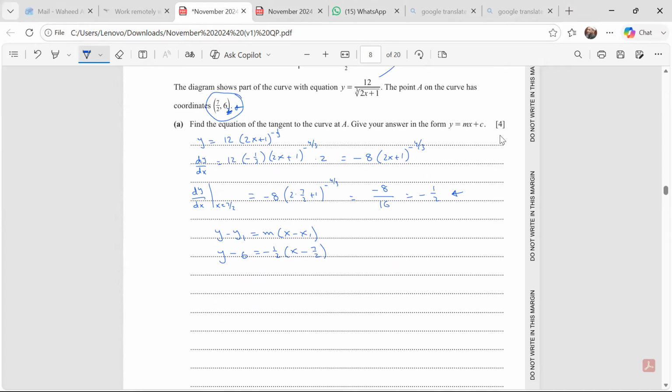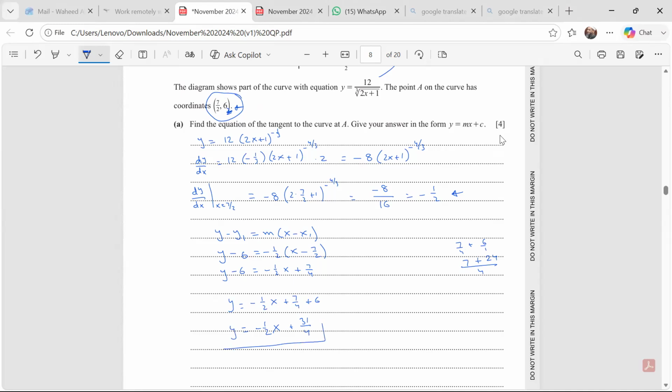So y minus 6 equals minus half x plus 7/4, so y equals minus half x plus 7/4 plus 6. 7/4 plus 6 is (7 plus 24)/4, so y equals minus half x plus 31/4.